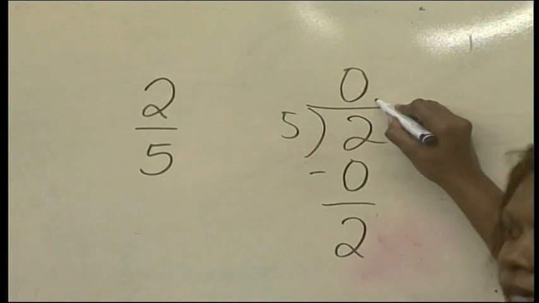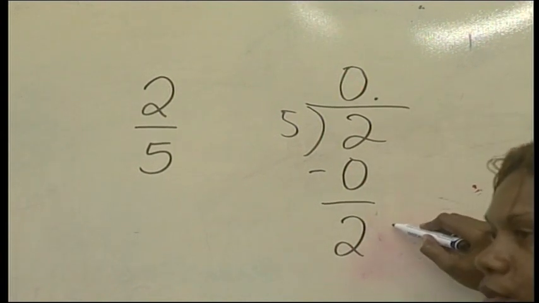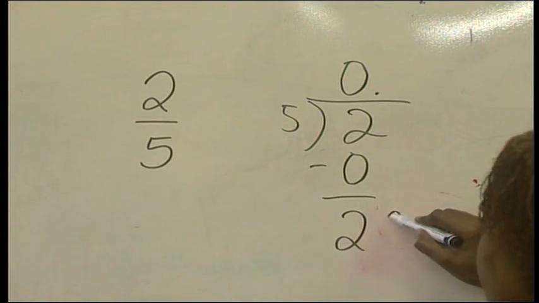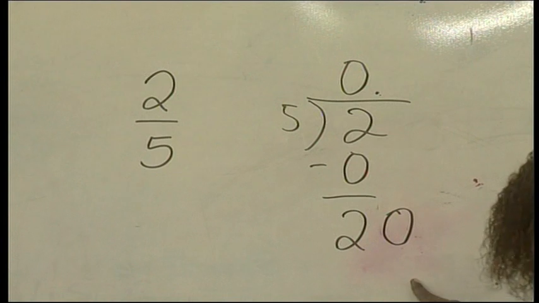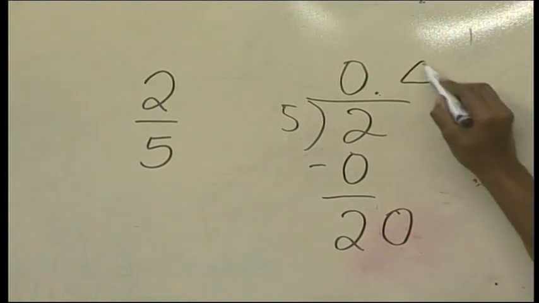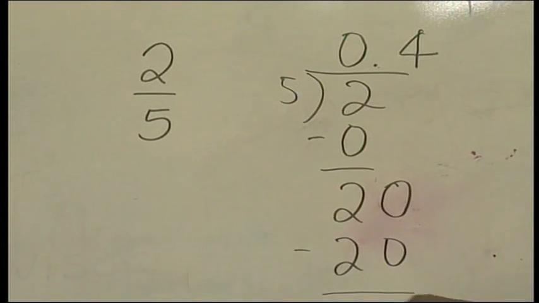Now what can you do? Decimal point up here, all right? Can you bring down a 0? Yes, to make 20. So 5 into 20 is 4. 5 fours are 20. So you see?